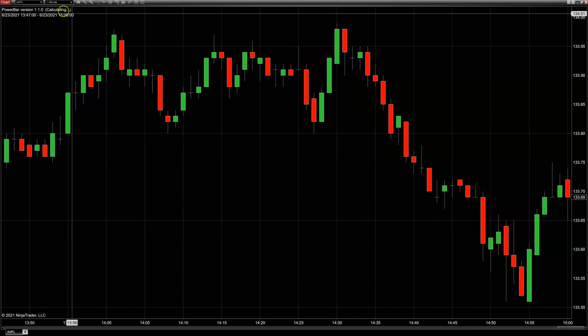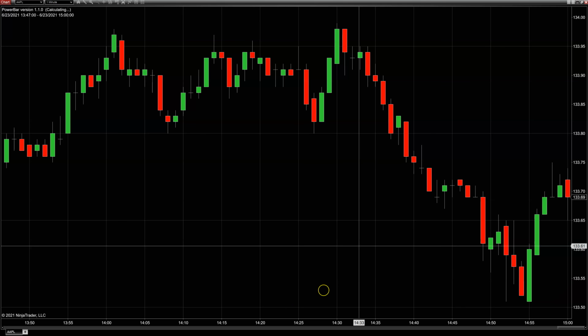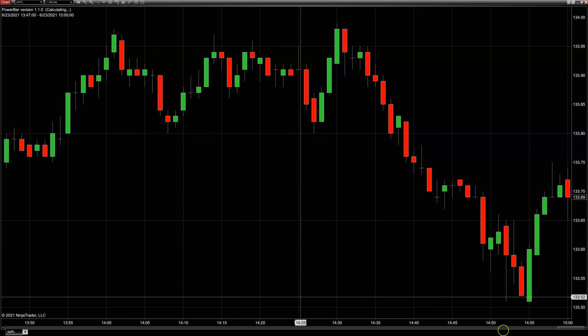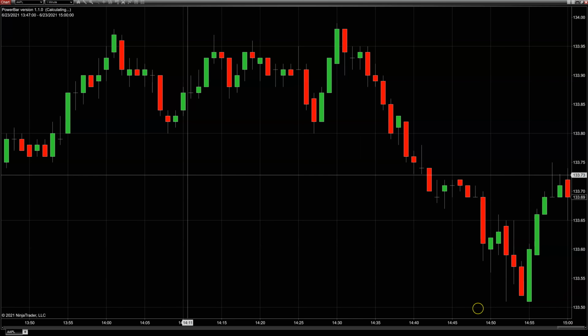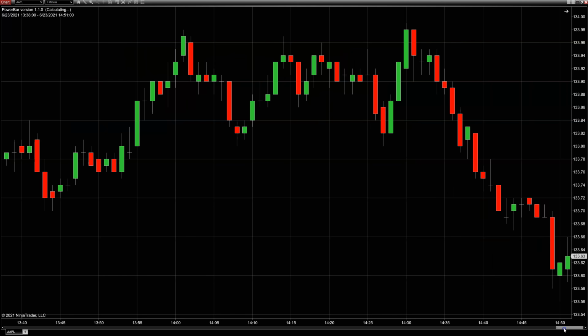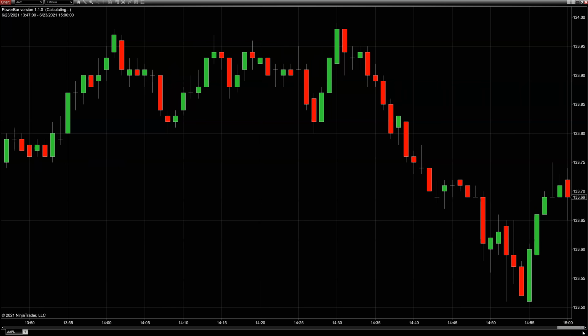It says calculating, so it's still going over the historical data. Obviously, you don't need tick data enabled. Let's see what comes up here. I'll give it a second to calculate. It's the first time I have Apple data on this computer, so that's why it's taking a bit longer than normal. So just bear with me here.